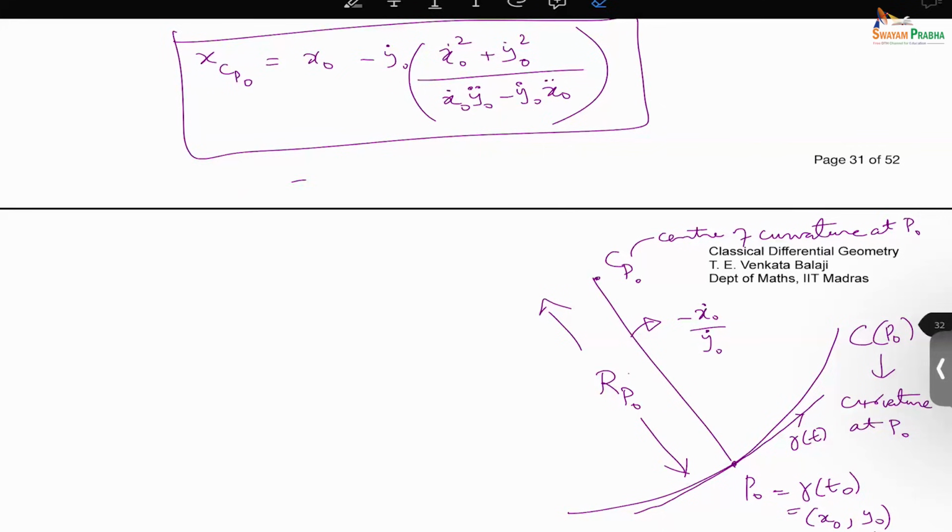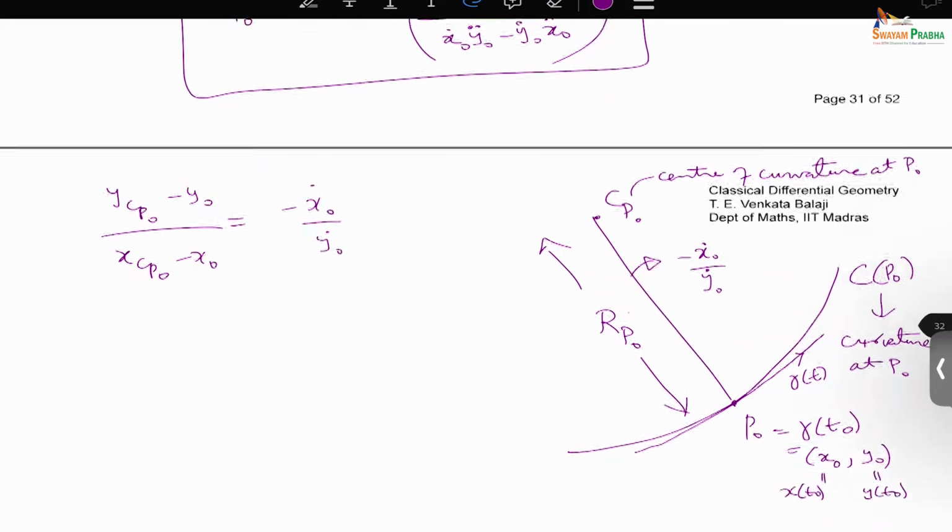In that you substitute this x cp naught, you should get y cp naught, okay, so it's obvious. So let me write this out. If you write it out using the two-point form, you will get essentially the following. y cp naught minus y naught by x cp naught minus x naught is going to be the slope of that, which is minus x naught dot by y naught dot.